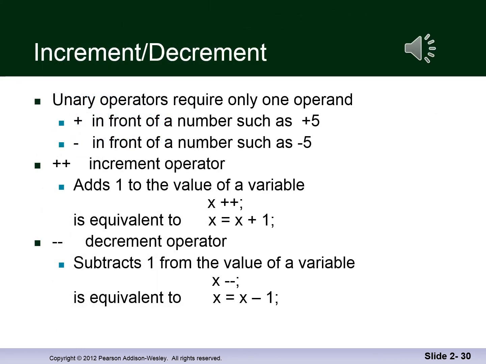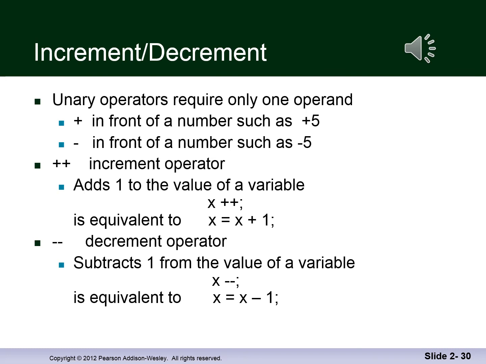If you're going to talk about loops, you've got to discuss increment and decrement. Increment means to increase the value, and decrement means to decrease the value, to lower the value. Unary operators require only one operand. Plus in front of a number such as 5, plus 5, means it's positive; minus 5. The increment operator, plus plus, is how C++ got its name.